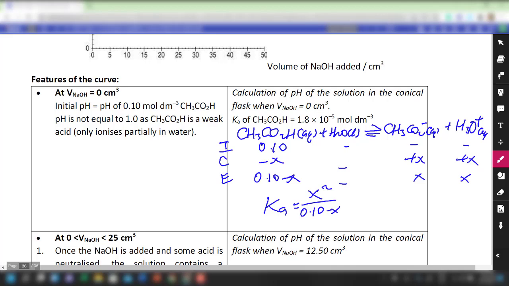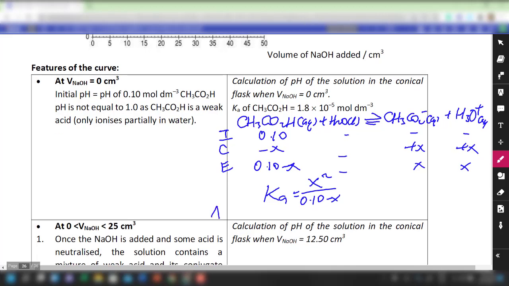Again, we make the assumption that x is much smaller than 0.10. Because of that, I can determine the H+ concentration, which equals x, which is the square root of 1.8 times 10 to the power minus 5 multiplied by 0.10. Once I have the concentration of H+, I can determine the pH to be 2.87.